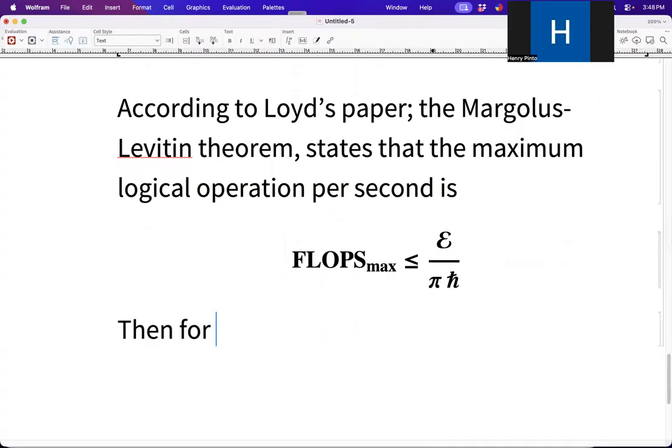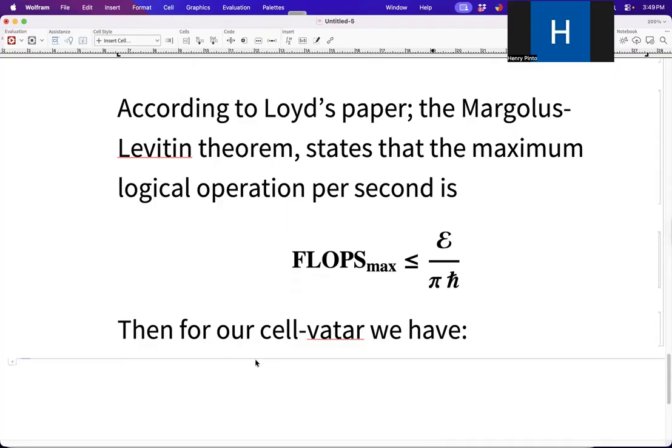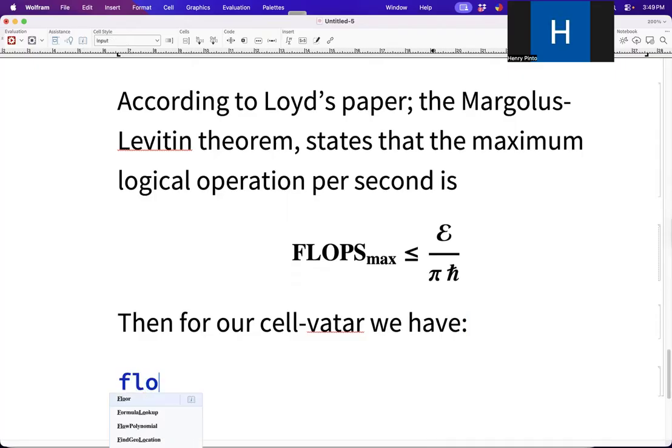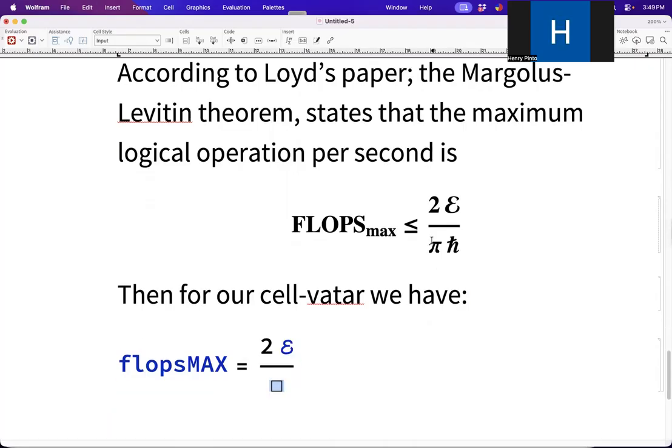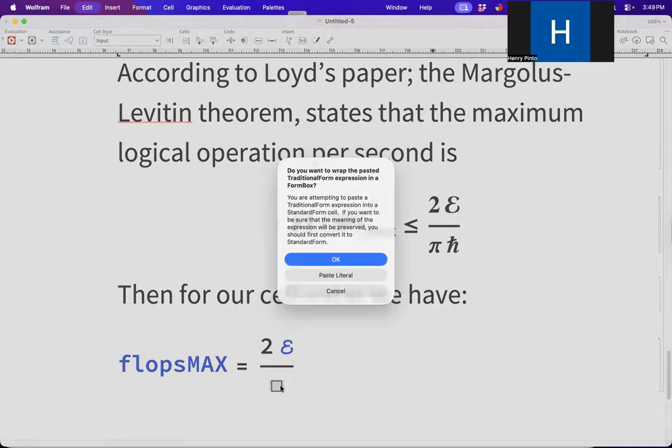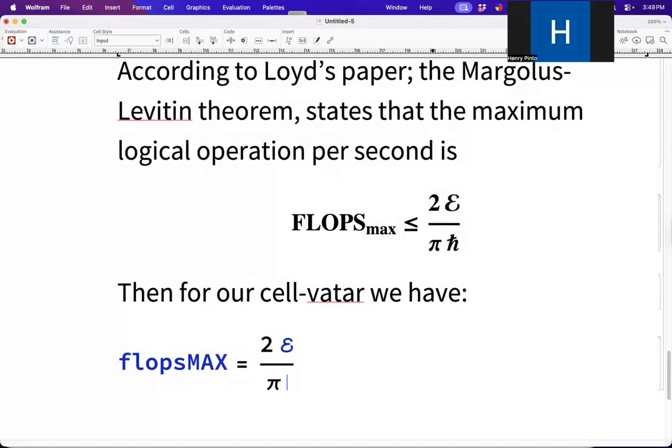Then for our Salvatore, we have this flops max equal to 2 times the energy divided by pi times h bar.